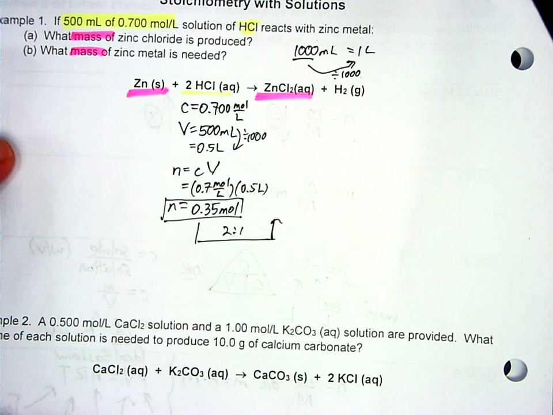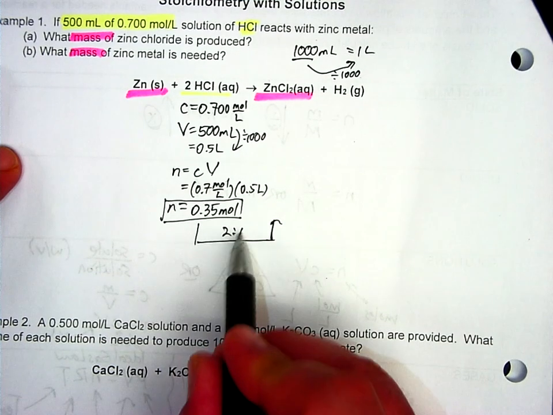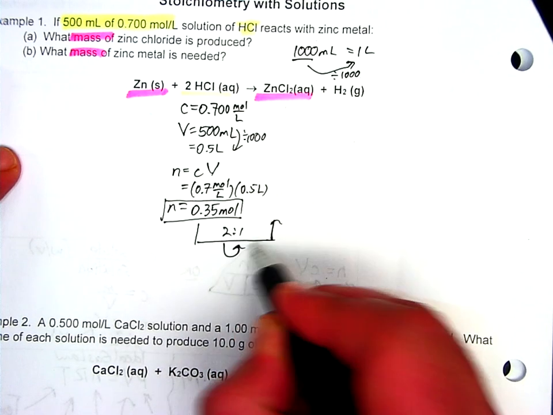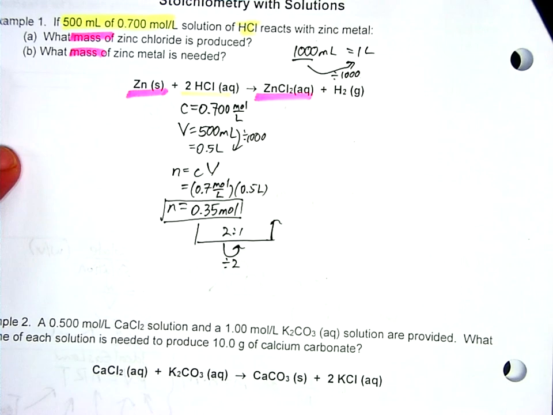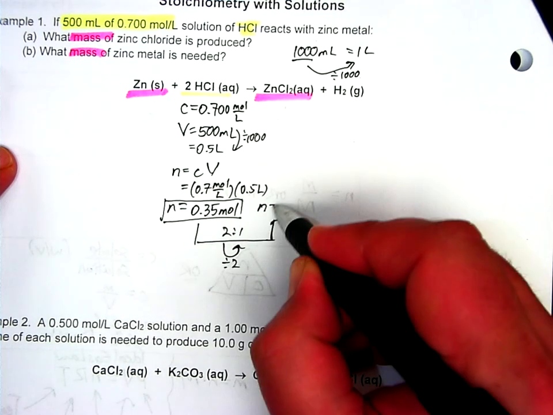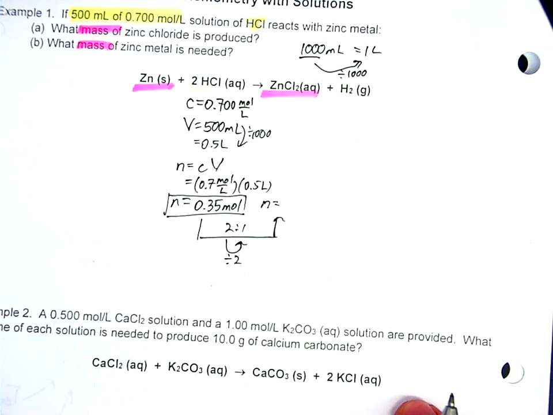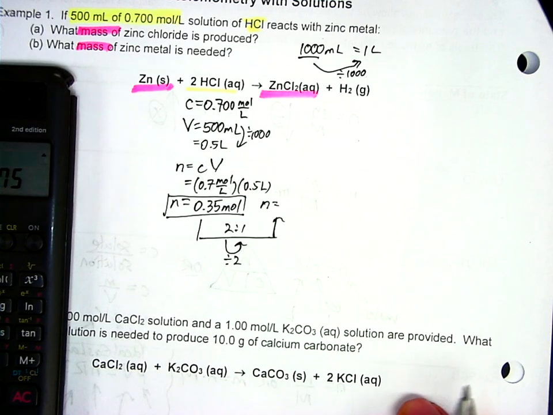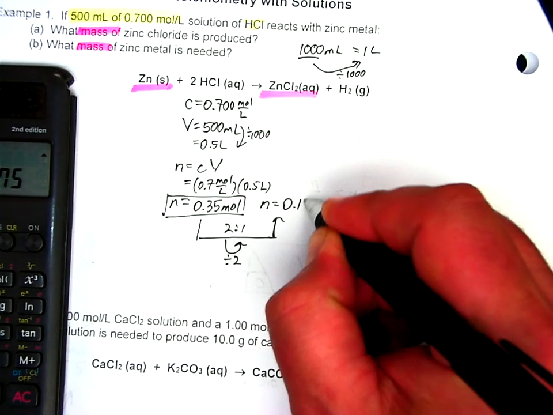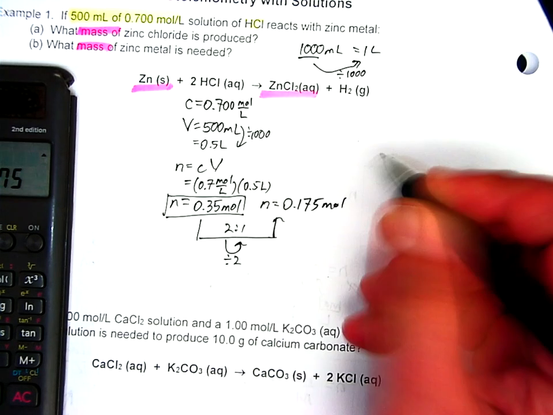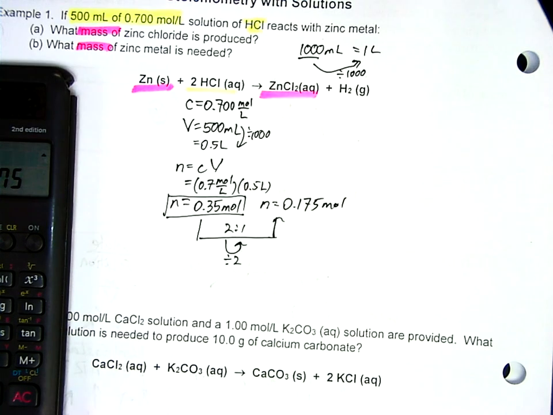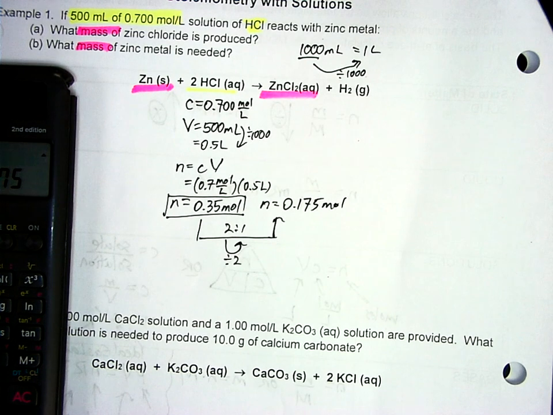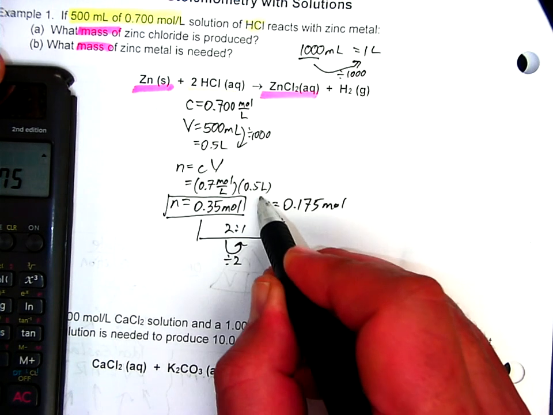Okay, and so if I'm going from a larger to a smaller, I'm going to have to divide, and the factors fairly easily. I'm just dividing by 2. So my moles here is 0.35 divided by 2, which is 0.175 moles. Okay, so this is that ratio or proportional reasoning step that I need to do.